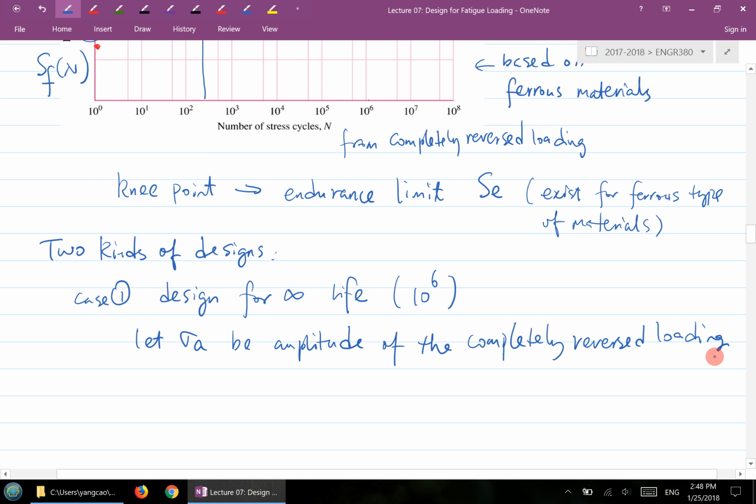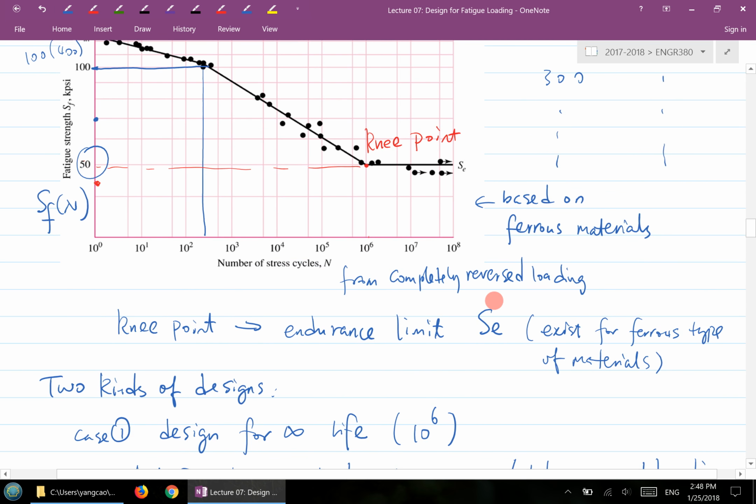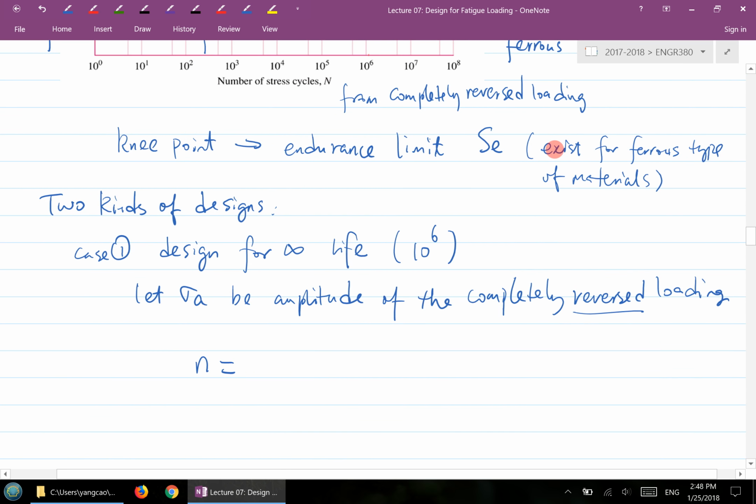So sigma A is the amplitude of the loading stress, and you have the graph for that material. If you design for infinite life, how do you calculate the safety factor?